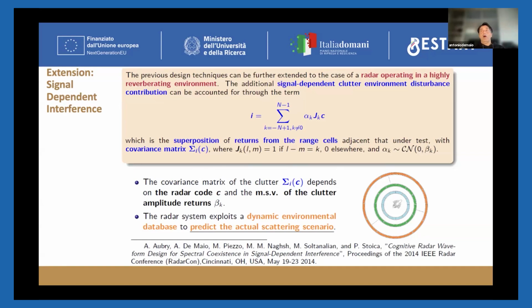However, one of the major radar impairments is the self-induced clutter, which is a signal-dependent interference. This is a very complicated situation because when we change the radar waveform, also the response of the environment changes. This case has also been handled, and there are different solutions that are now present in open literature.